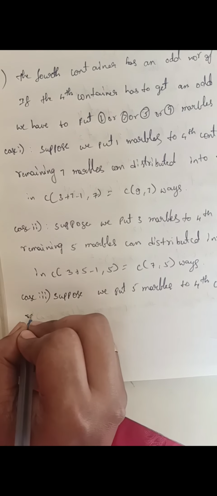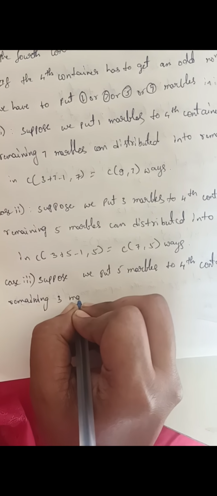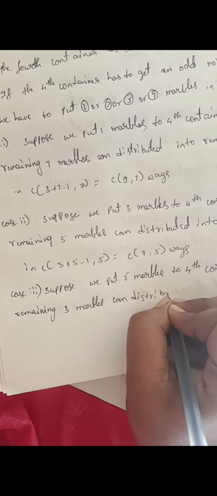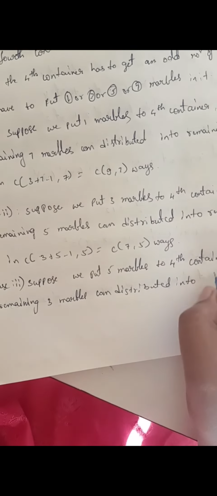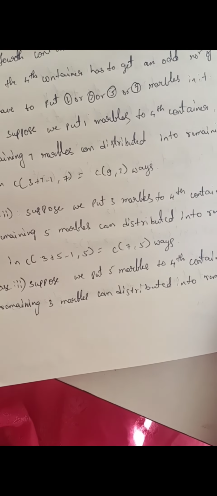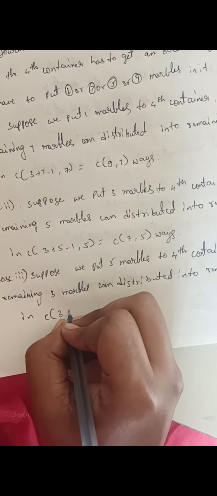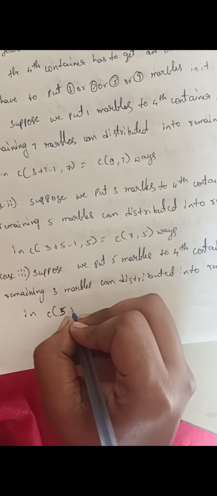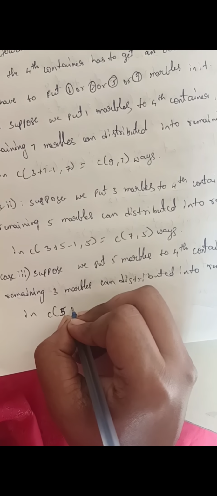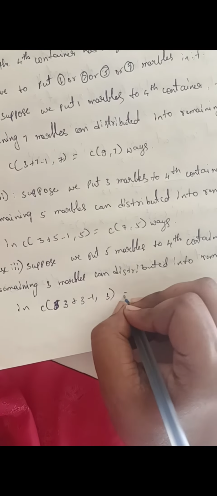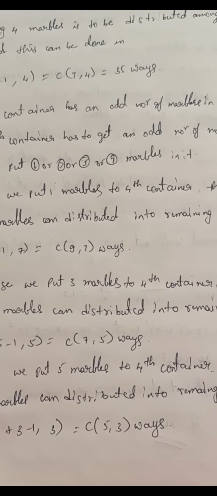The remaining 3 marbles can be distributed into the remaining 3 containers in C(3 plus 3 minus 1, 3), which is C(5,3) ways.